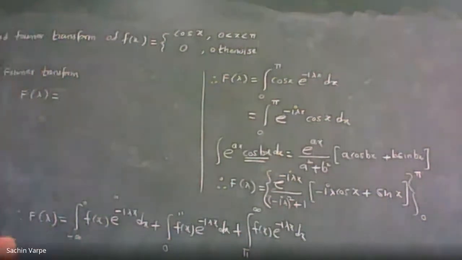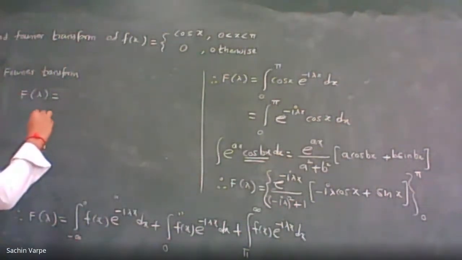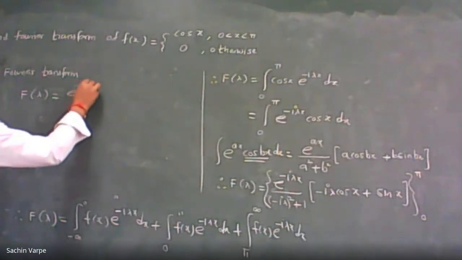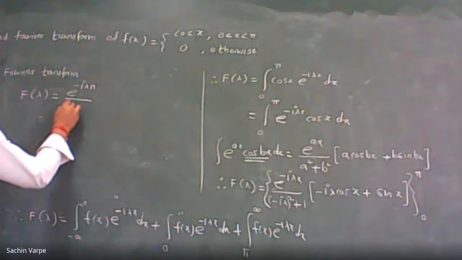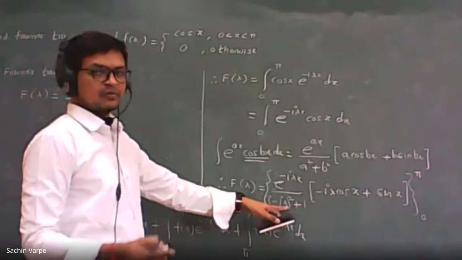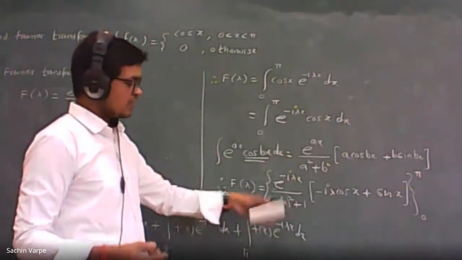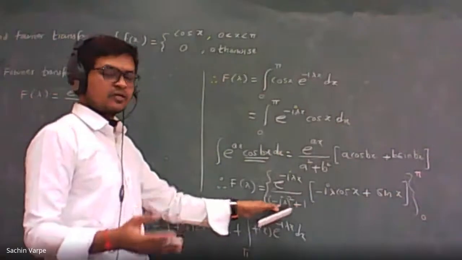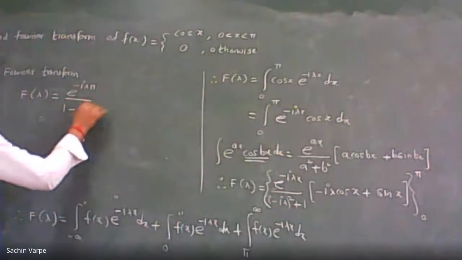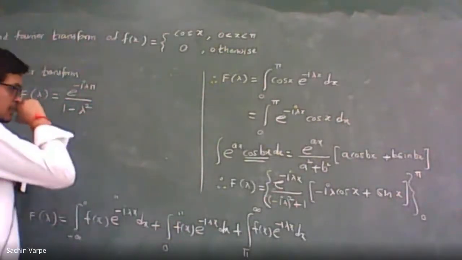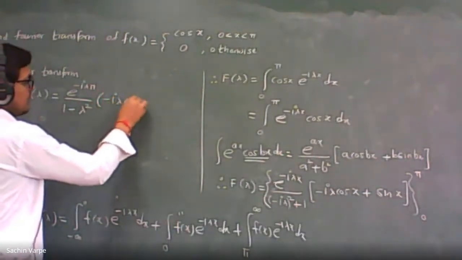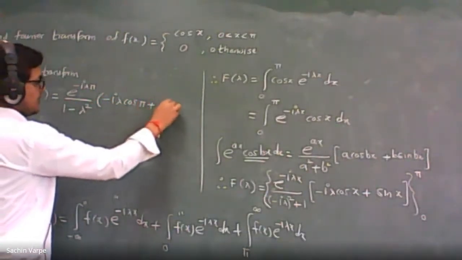The function value at the upper limit is e to the power minus i lambda pi upon minus i lambda whole square, which is minus i square lambda square, but minus i square will be i square, that will be minus, so minus of lambda square, so 1 minus lambda square, please check. All right, and inside it will be minus i lambda cos pi plus sin pi.